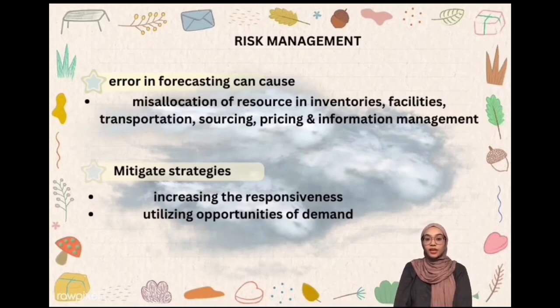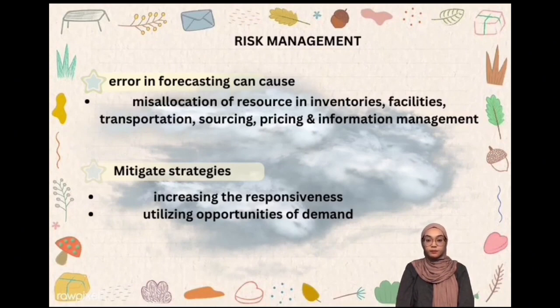Incorrect forecast can impact transportation planning. It can cause delays in delivering products to customers. Error in sourcing can affect supplier relationships, while error in pricing can affect profit margins. Inaccurate forecast can lead to miscommunication and coordination issues among different stages of the supply chain, affecting the overall efficiency of the system.